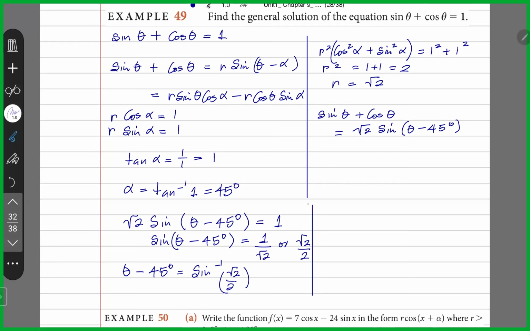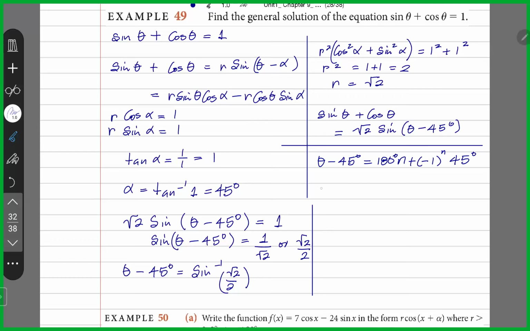So the general solution is theta minus 45 degrees is equal to 180 degrees n plus minus 1 to the n times 45 degrees. All right.